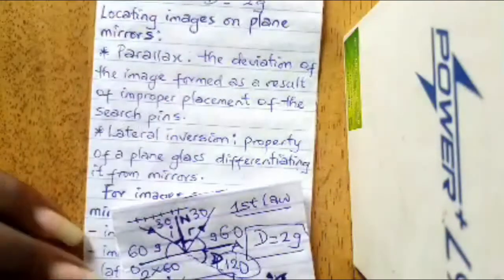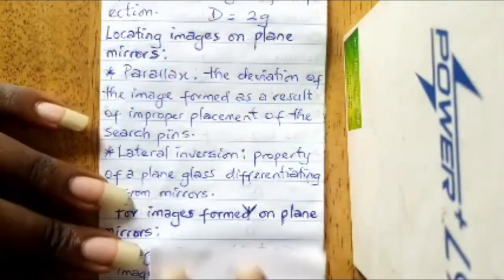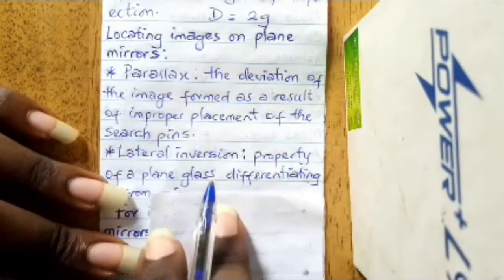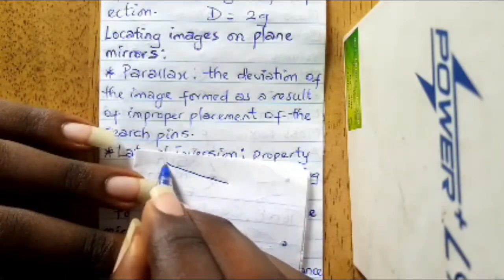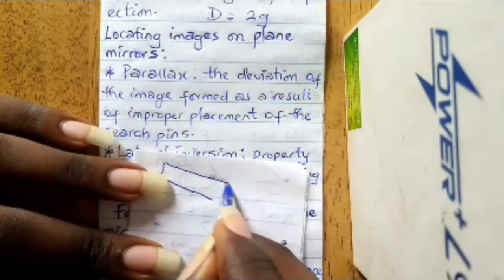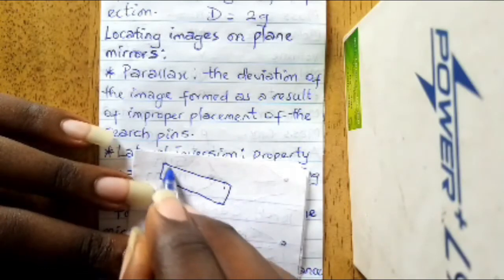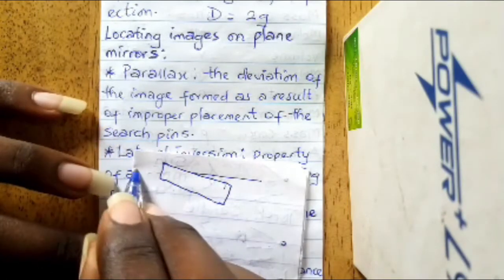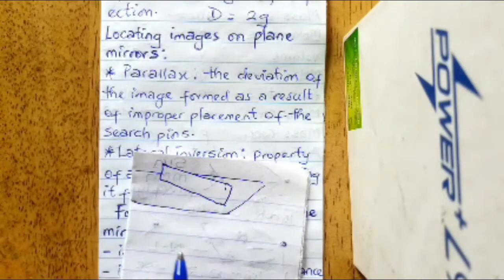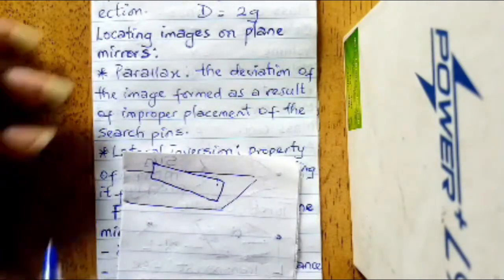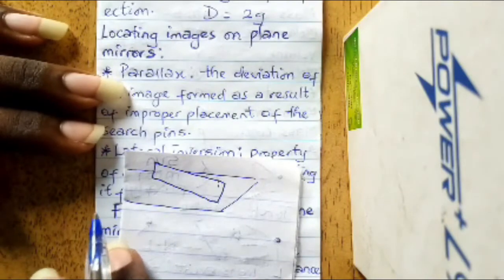So quickly now, we'll be looking at locating images on plane mirrors. Like I said earlier, you have a plane mirror on the table. Now a plane mirror reflects light waves.